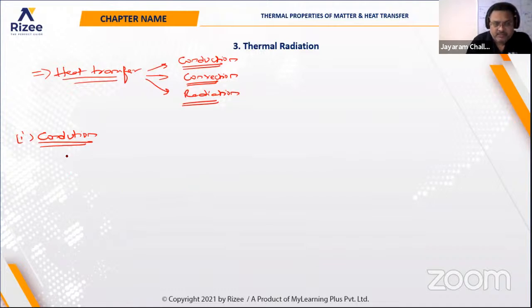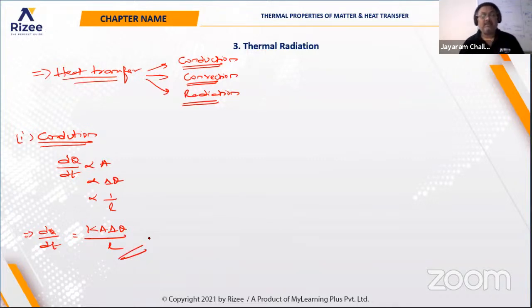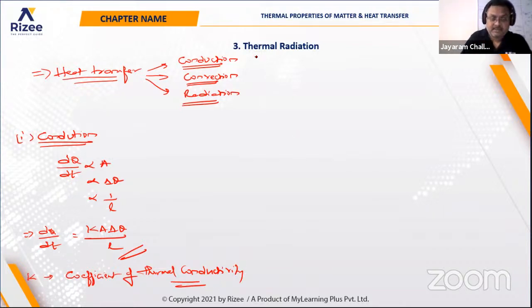The rate of heat transfer dQ by dt is proportional to the area of contact, proportional to the temperature difference, and inversely proportional to the thickness or length L through which heat is being transferred. So dQ by dt is equal to K A delta theta by L. This is the rate of heat flow in the case of conduction, where K is called the coefficient of thermal conductivity. This is a very important thing.